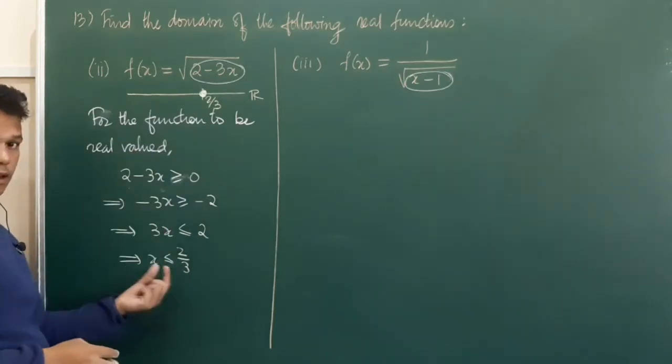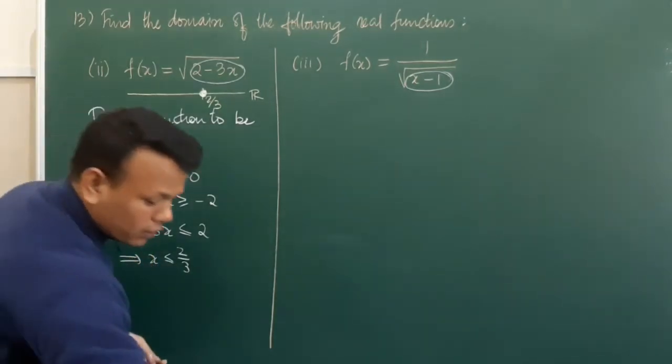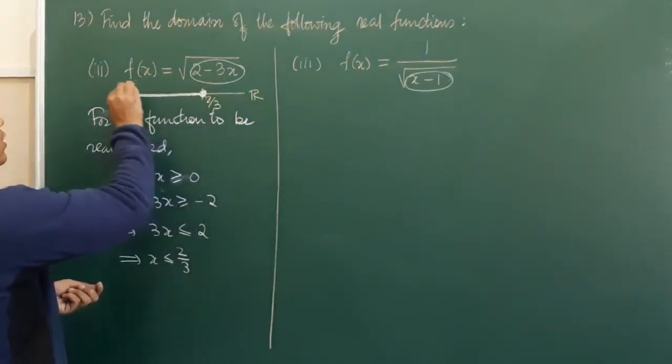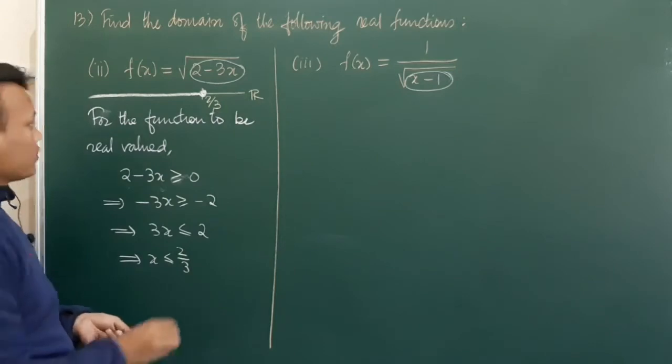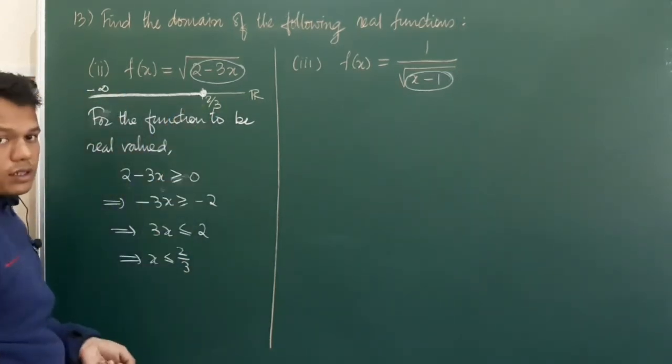Do we have a lower bound? We don't have a lower bound, so this keeps on continuing. It starts at minus infinity and ends at 2 by 3.